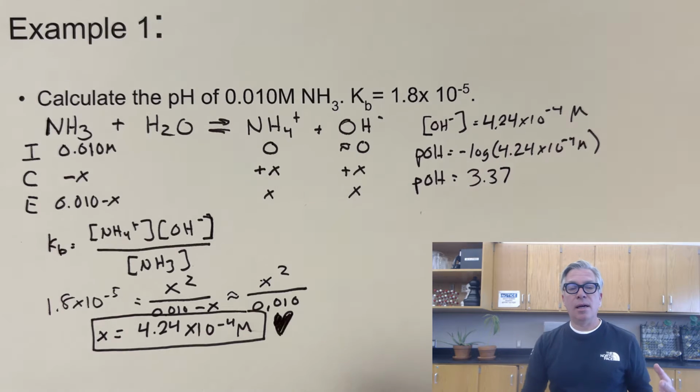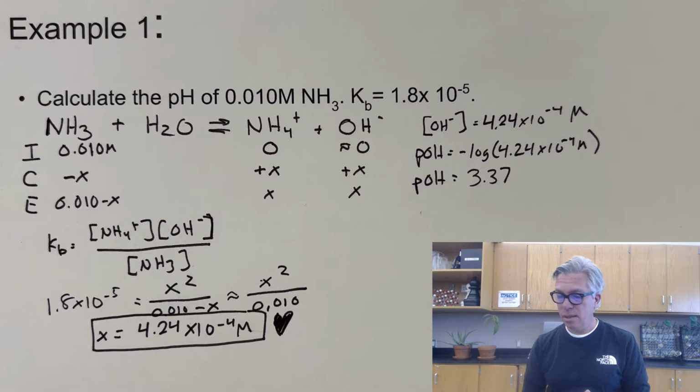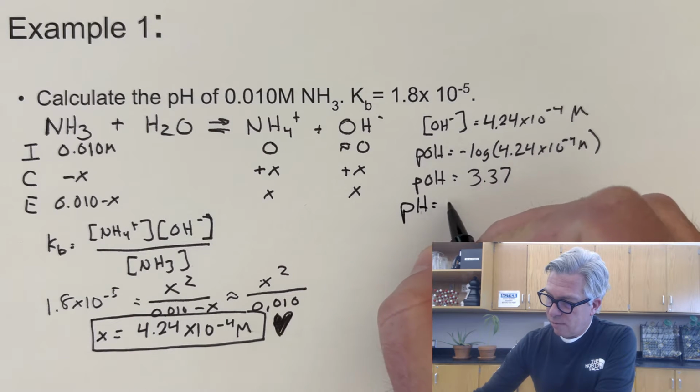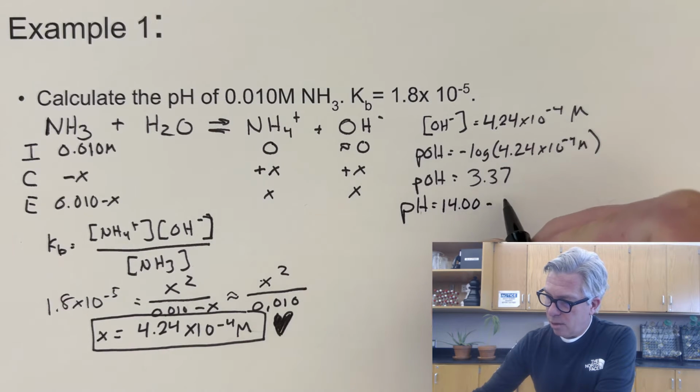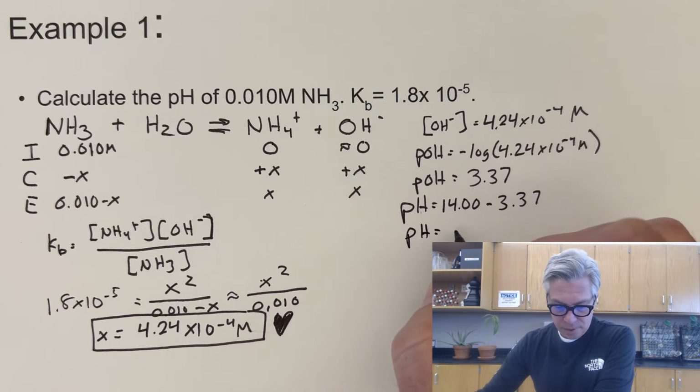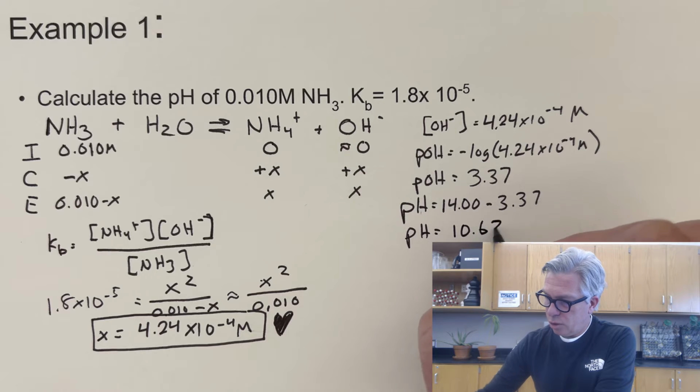Okay, and that's great and all. We're one step away from getting the pH. If we know that the pH plus the pOH must equal 14, we're just going to take 14 minus the pOH, and the pH now is going to be 10.62.